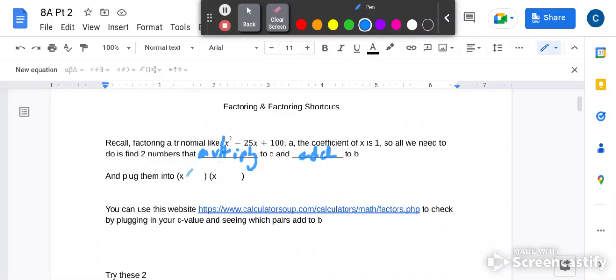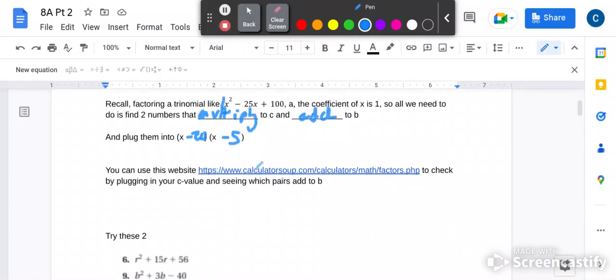And so the two numbers are going to be negative 20 and negative 5, because negative 20 times negative 5 is positive 100. Negative 20 plus negative 5 is negative 25. Pretty standard stuff. We should know how to do that, and you could always use this calculator to check. Just plug your C value in, look at your list of number pairs that would match adding up to B.